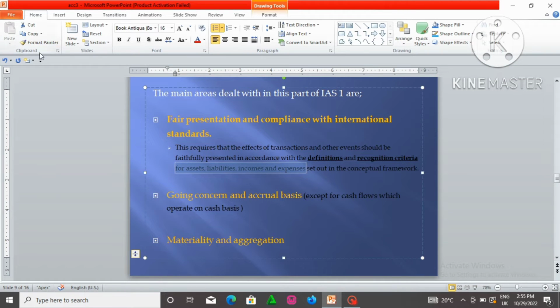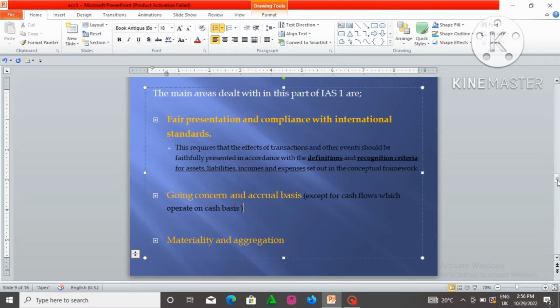We have covered the conceptual framework in financial accounting, and you very well know the various definitions for these, the assets, the liabilities. You know that an asset is a present economic resource controlled by the entity as a result of past events.